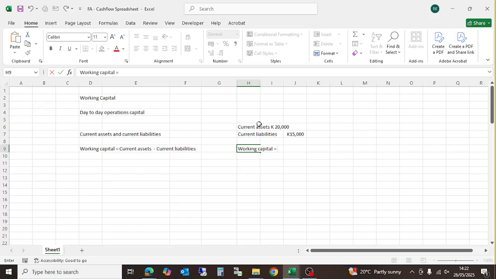So we have 20,000 minus 15,000, giving us 5,000 kwacha. So working capital is 5,000 kwacha.